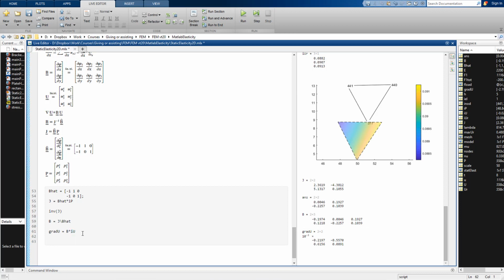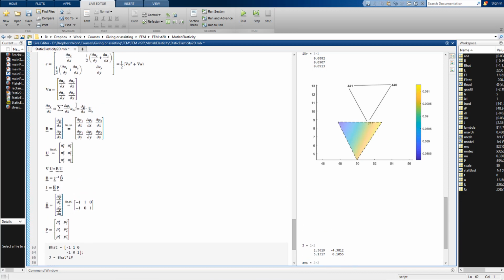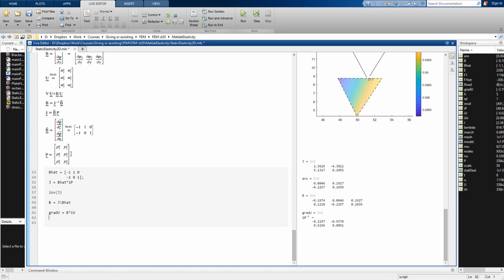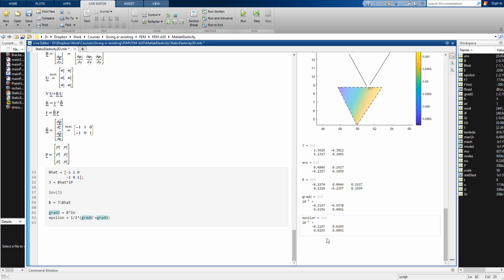And finally, our strain is 1/2 times grad U transpose plus grad U. So epsilon is equal to 1/2 times parentheses grad U transpose plus grad U. So there's our strain.